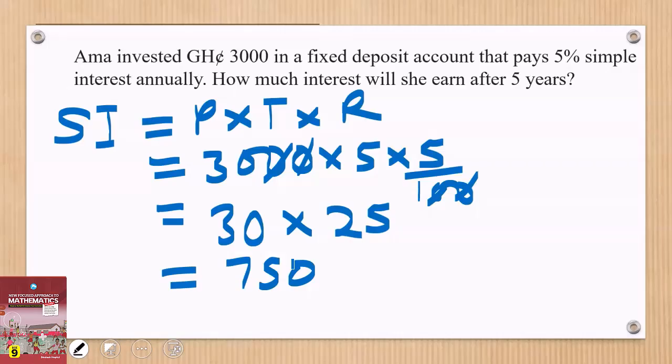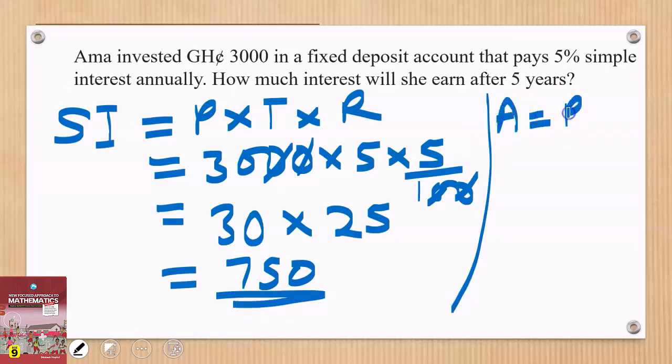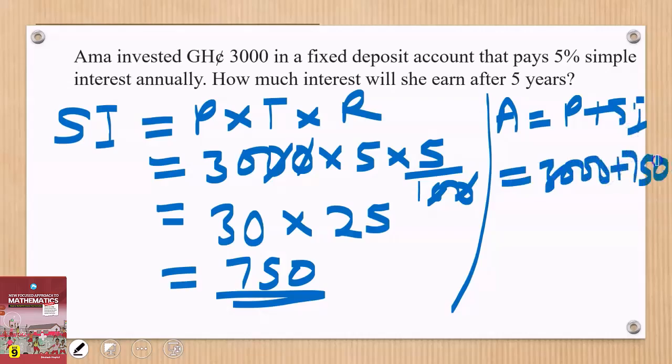In some cases, you could be asked to find how much will be the total amount received by Amma at the end of the 5 years. When that question comes, it's a matter of knowing the interest to be 750. Then your amount will be equal to the principal plus the simple interest. And so the principal is 3,000, and then the interest accumulated is 750.